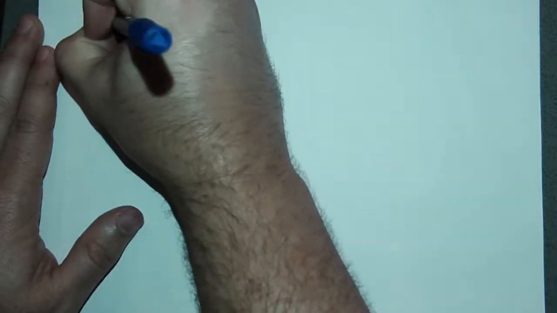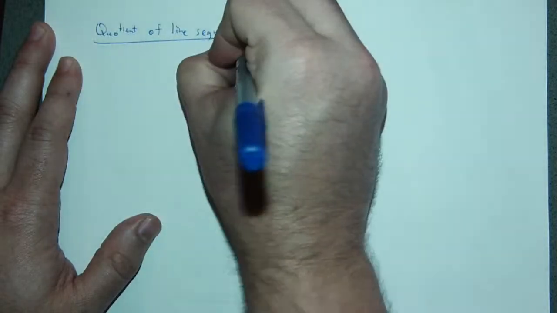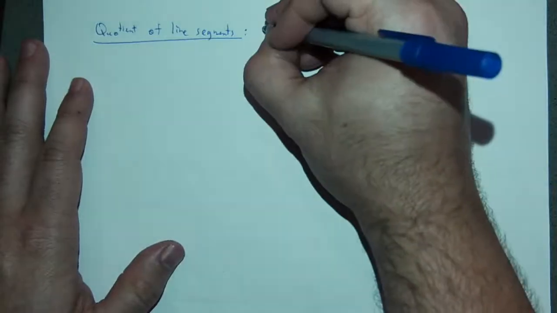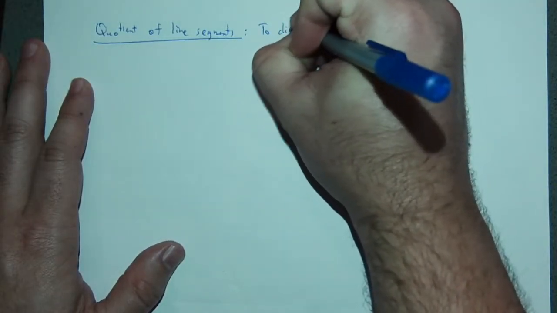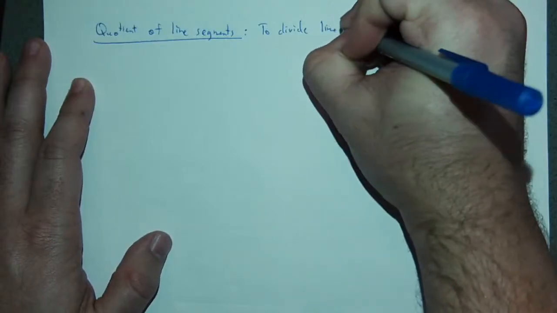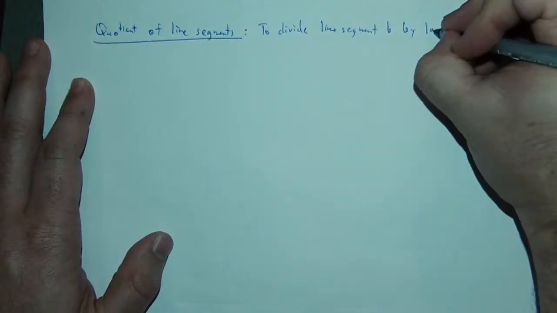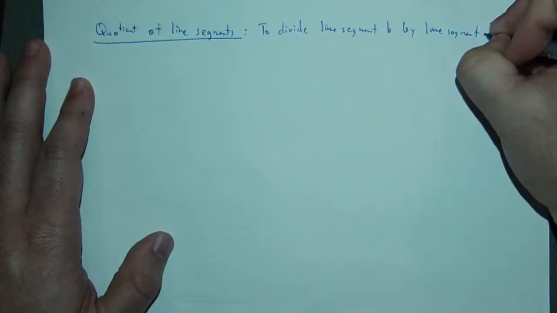So how about a quotient of two line segments? To divide line segment B by line segment A, what do I do?